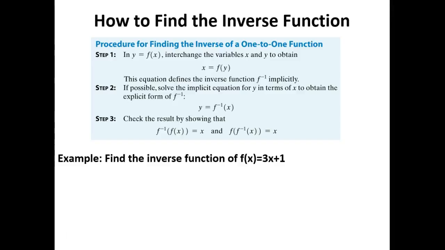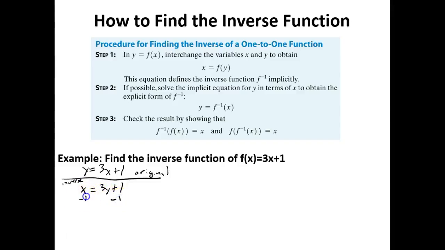So if we're going to find the inverse of this function, instead of using f of x, we use y equals 3x plus 1. This is the original. The inverse is going to be found by swapping the x and the y. So this here is the inverse. But usually we like things in terms of x, so we solve for y.